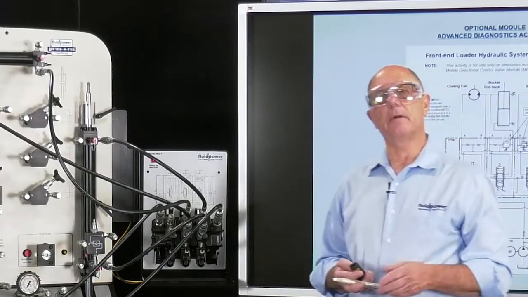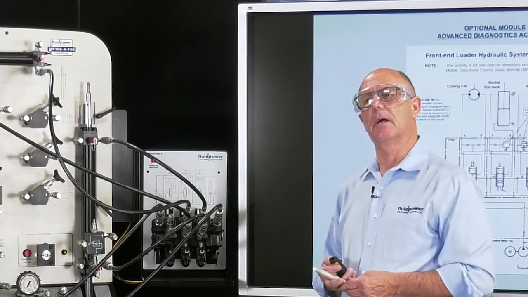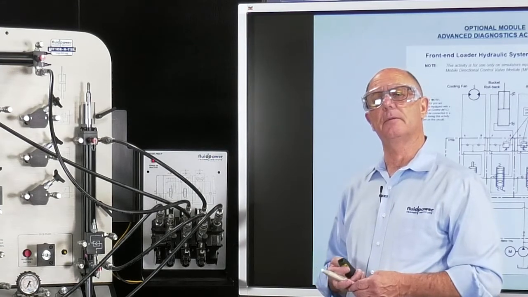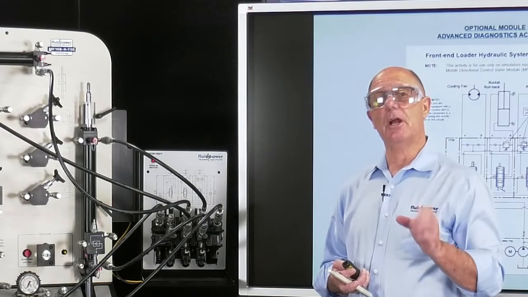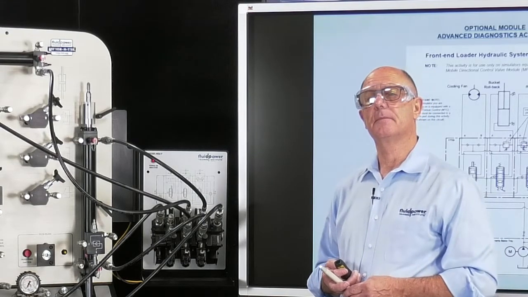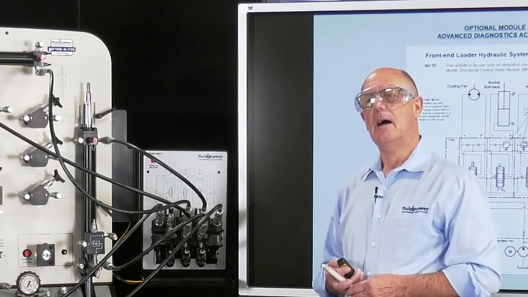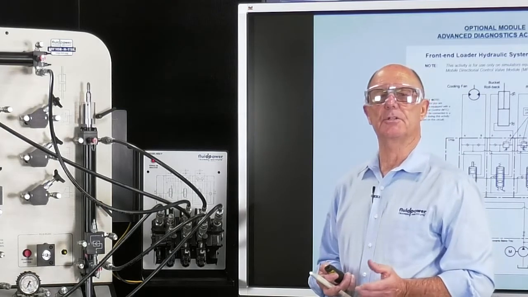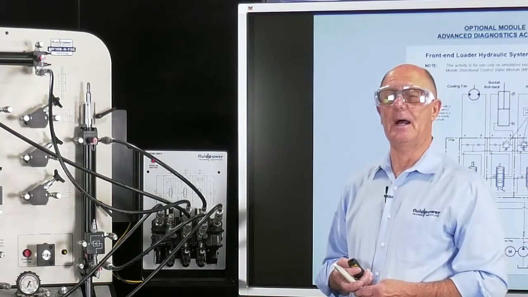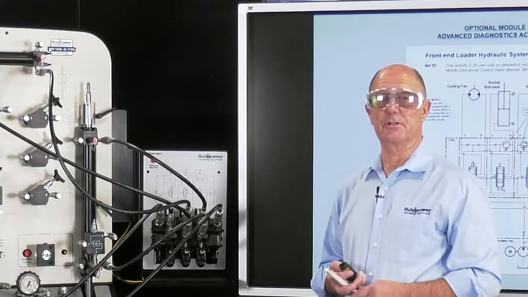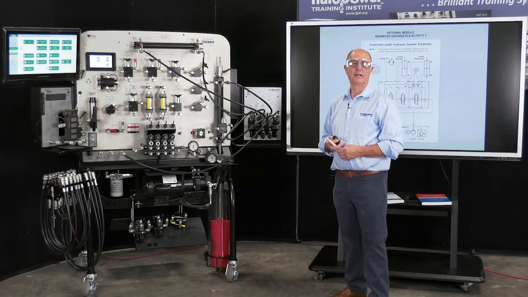When I first started developing trainers 30 years ago, I sort of followed what everybody else was doing, and I would change out cartridges. I had 24 students in a class, and I was a very busy guy changing out cartridges to create problems in the circuit, and it didn't work.